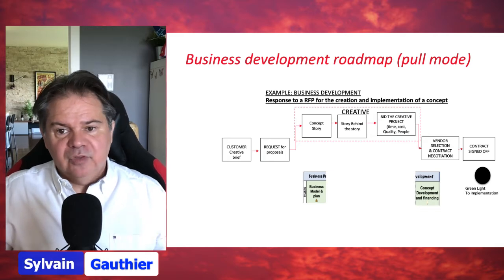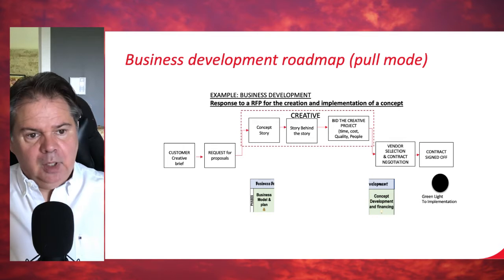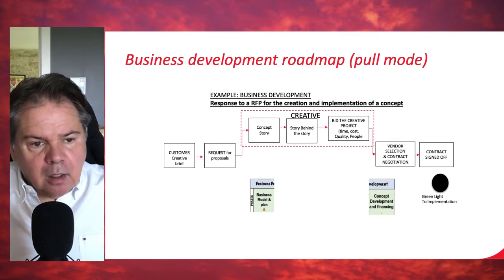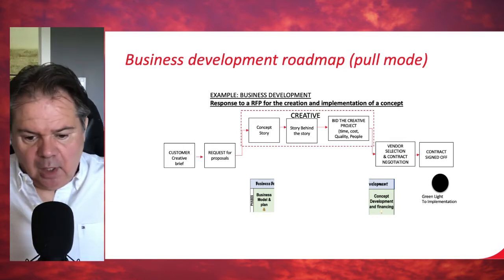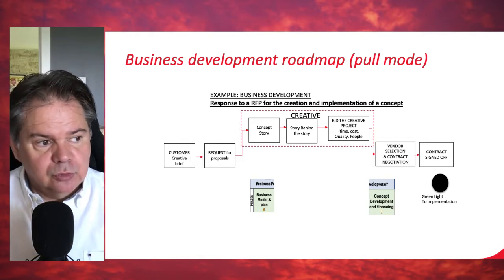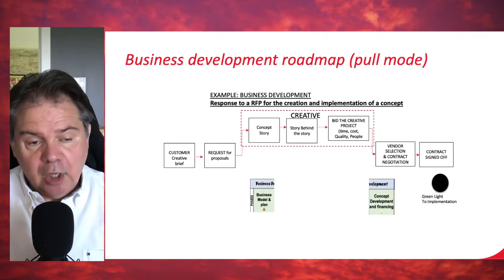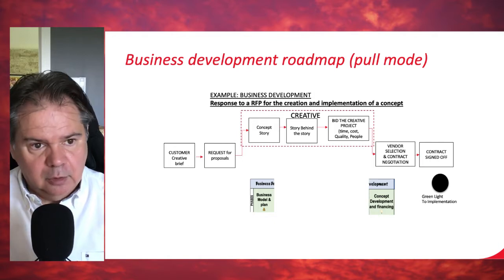So let me move aside a little bit and get more space for the map. Here the situation is I am a company that creates, develops and could operate shows. I'm receiving an RFP, a request for proposal, which is a document issued by the buyer.